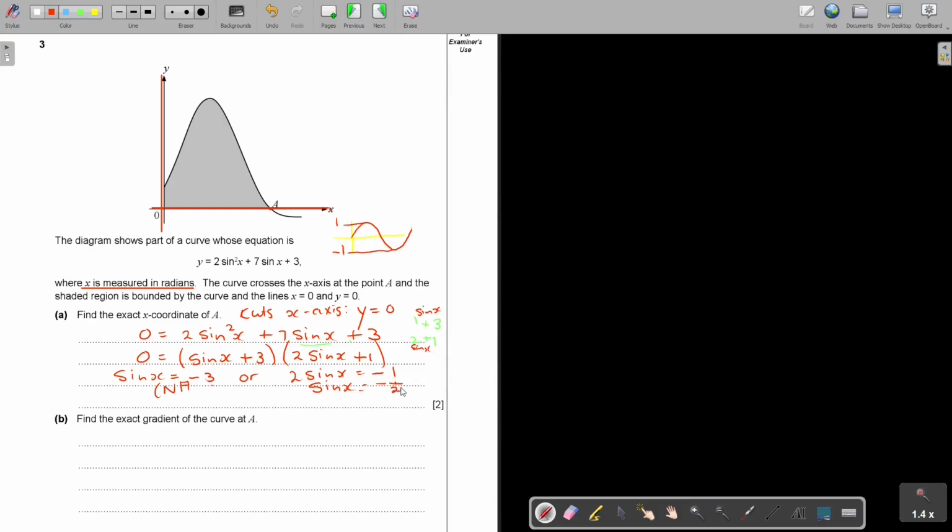But now, they say find the exact value of x. Now, it's in radians. In the textbook, and I didn't tell you where to find it, page 168 or 169. I can just quickly check if it's 168 or 169.